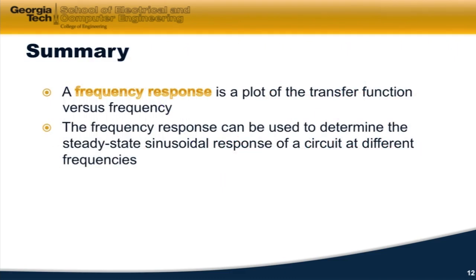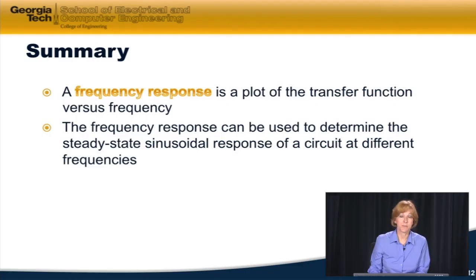So in summary, we've defined a frequency response. It's a plot of the transfer function versus frequency. In particular, we're looking at the magnitude and the angle. We can use it to determine the steady-state sinusoidal response of a circuit at different frequencies. The whole point of the frequency response is to understand how the circuit processes signals of different frequencies.